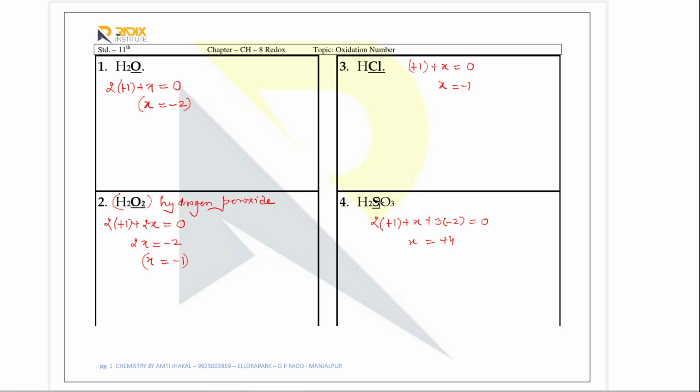Here the oxygen oxidation state we consider to be minus 2, hydrogen oxidation state is plus 1, and sulfur oxidation state is X. So the oxidation state of sulfur in H2SO3 will be plus 4. The name of the acid is sulfurous acid.